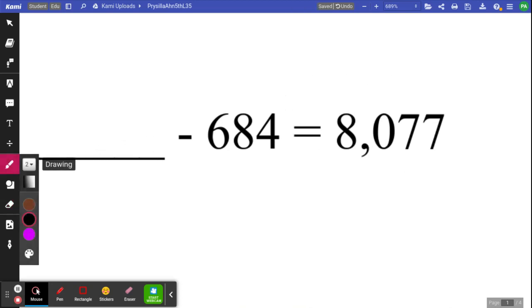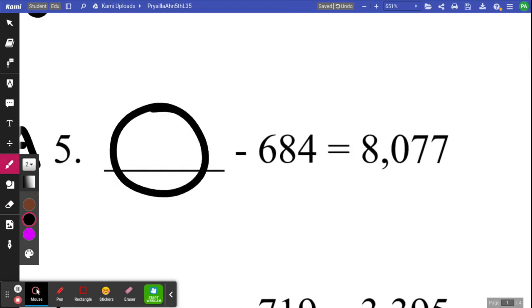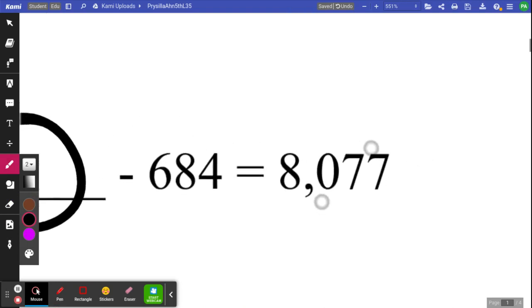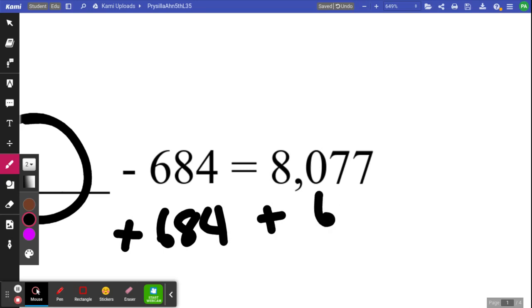And how you would do that, you want to isolate this. So this one is a problem where you need to isolate it. And so how you would do that, opposite of minus is addition. You'd add 684 to both sides.